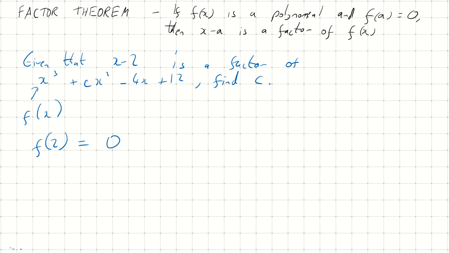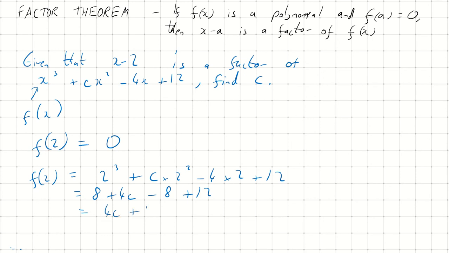Well, f(2) is just 2 cubed plus c times 2 squared minus 4 times 2 plus 12, which is 8 plus 4c minus 8 plus 12, which simplifies to 4c plus 12. And we know that this is equal to 0. So 4c plus 12 equals 0, 4c equals minus 12, c equals minus 3. That's the answer to this question.